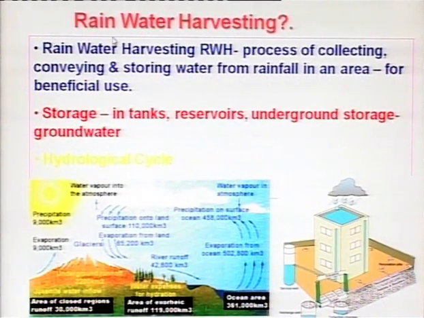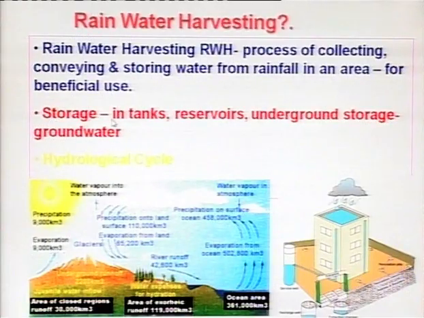Also, I define rainwater harvesting as the process of first collecting, then conveying and then storing water from the rainfall in that area, for the purpose of beneficial use. So you can use that harvested water.